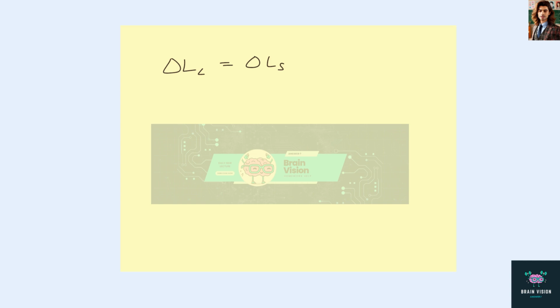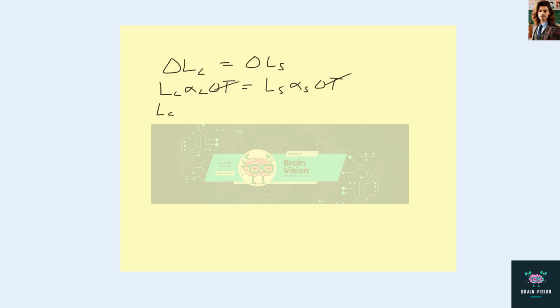So for delta LC, we should get that delta LC is equal to LC times alpha C delta T. Delta LS is going to be LS times alpha S delta T. The delta T's will cancel out.